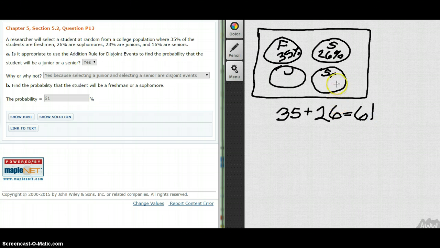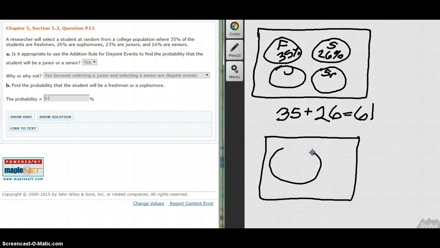Now you might wonder, what would it look like if we do have events that are not disjoint? Let me just give you a real quick picture of that. So say this is the same idea, but these are the freshmen on the campus, and these are the males.